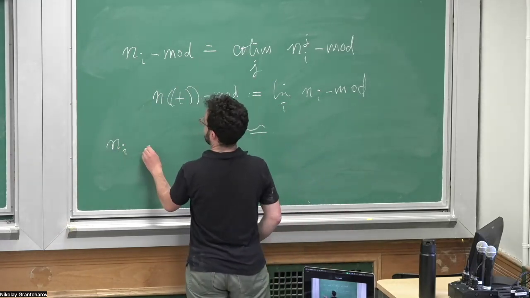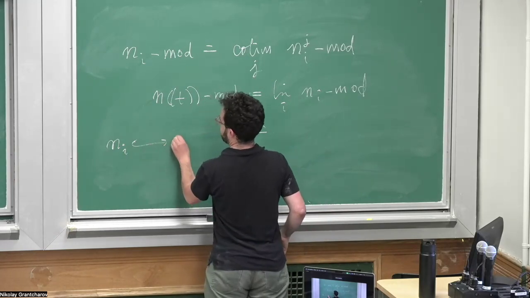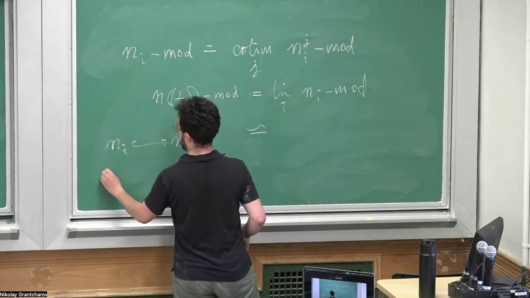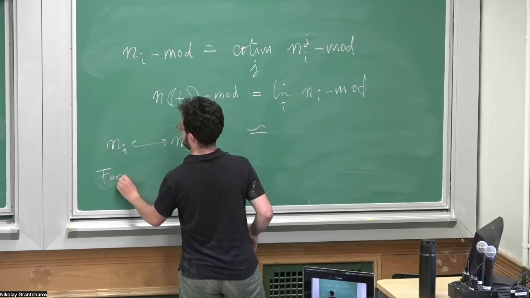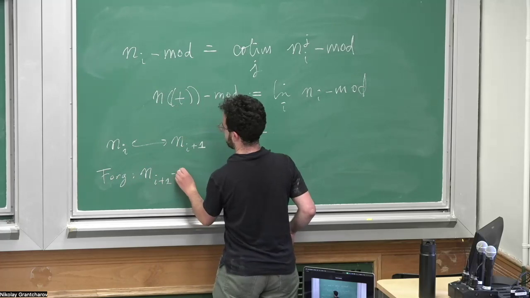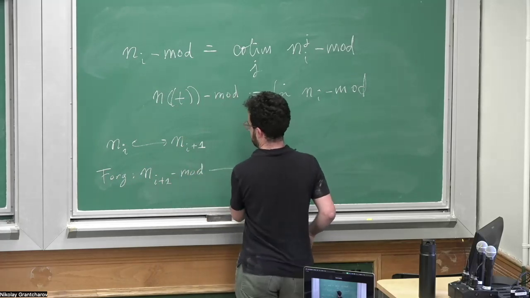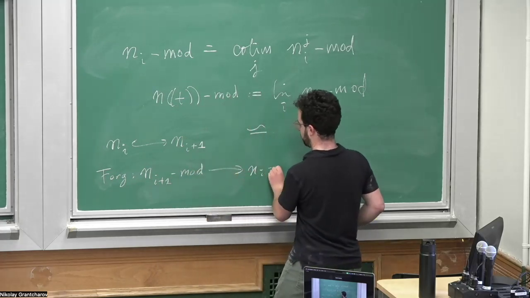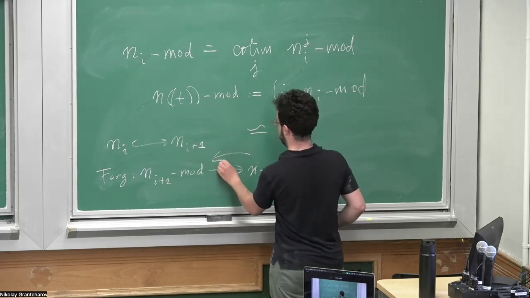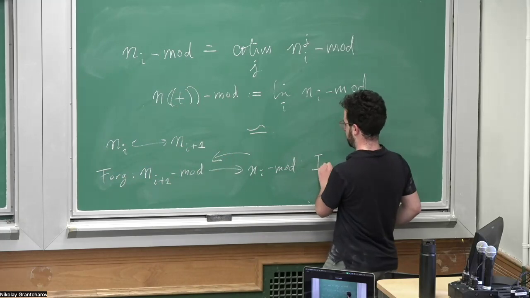Since this contains that, we have a forgetful functor from N_{i+1}-modules to N_i-modules. It will have a left adjoint, induction.